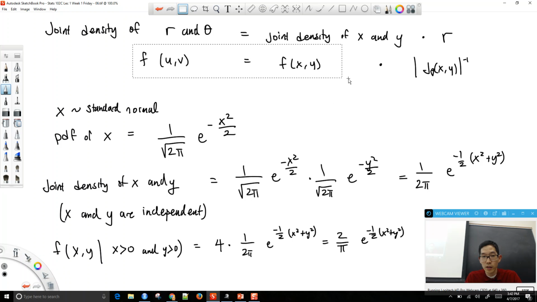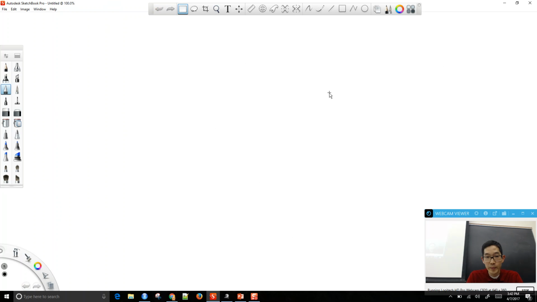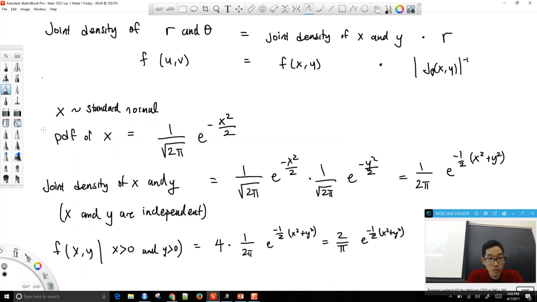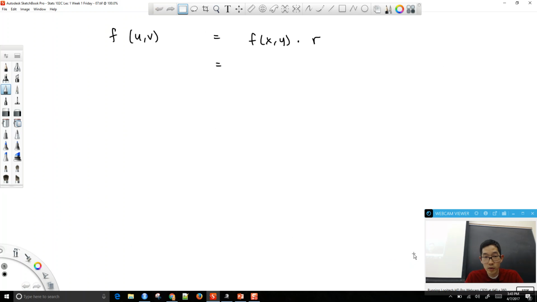Okay, so we're going to say f of u v is equal to f of x y times, now it's just r. And we have all of this, and so let me just copy this stuff over. So I have this. This is my joint density right there, and then we're going to multiply this by r.